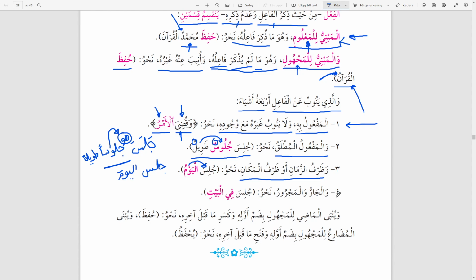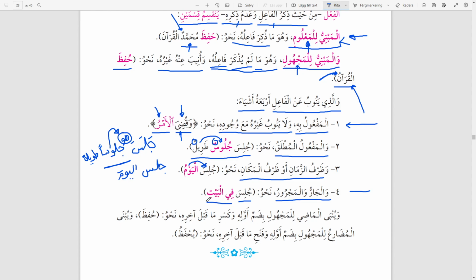Okay, so I'll just mention the fourth one. الجار والمجرور. And this is a bit different, maybe because it's شبه جملة or something. But anyway, you can say this. جلس في البيت.